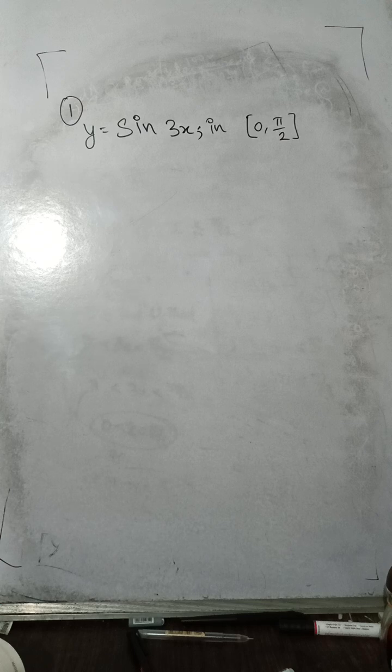So we have to study in which parts of 0 to pi by 2 is y, that is sine 3x, increasing, and in which parts is it decreasing. So that's our job. So let's start.